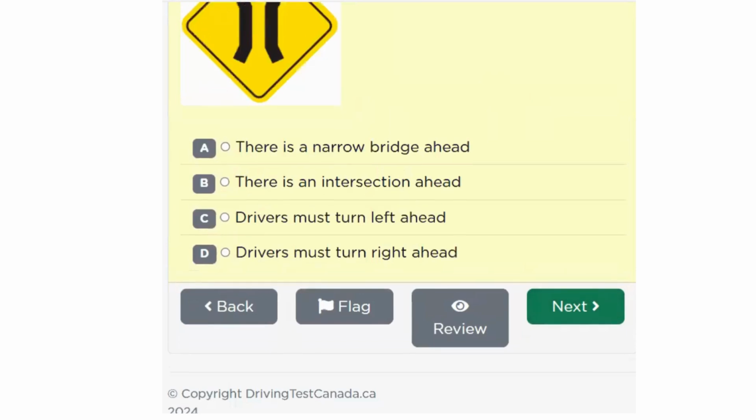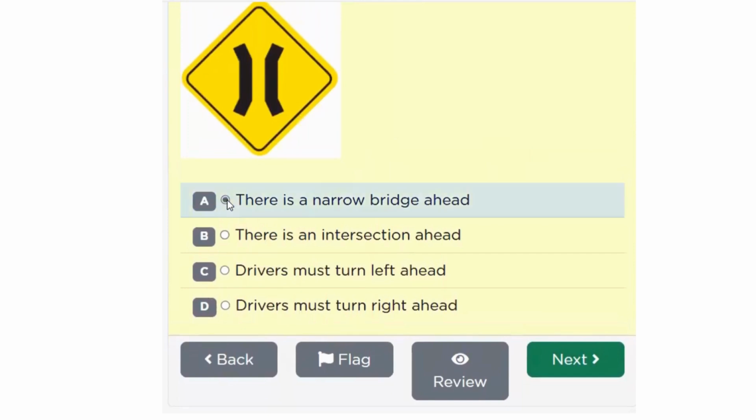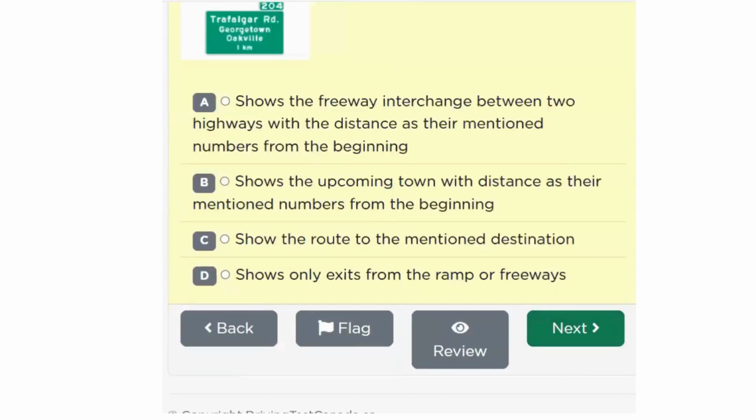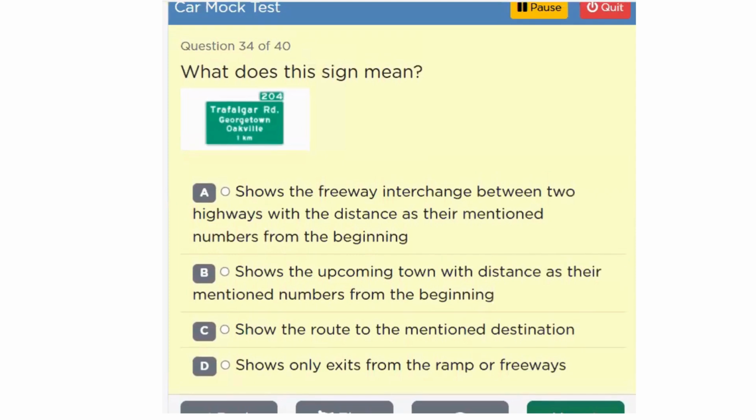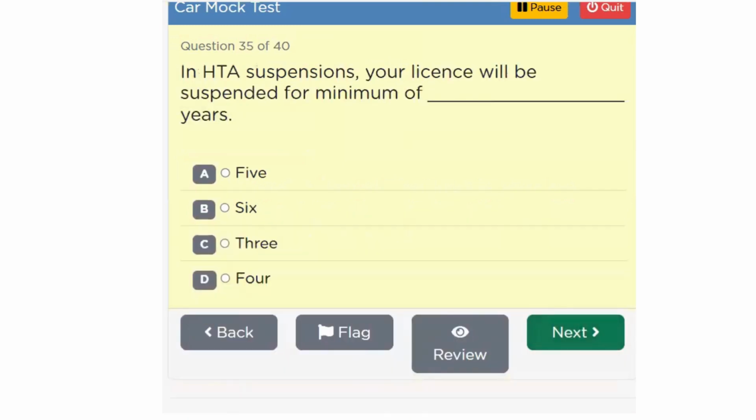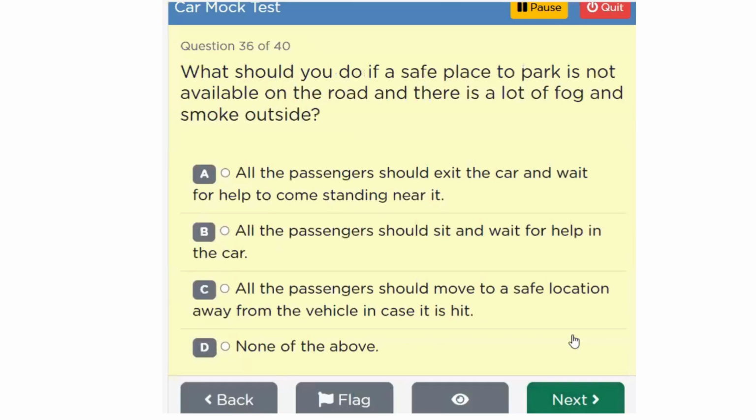There is a narrow bridge ahead. Okay, this sign. In HTA suspensions, your license will be suspended for a minimum of, I don't know what HTA suspension is. Let's say 3 years. So this is the minimum.